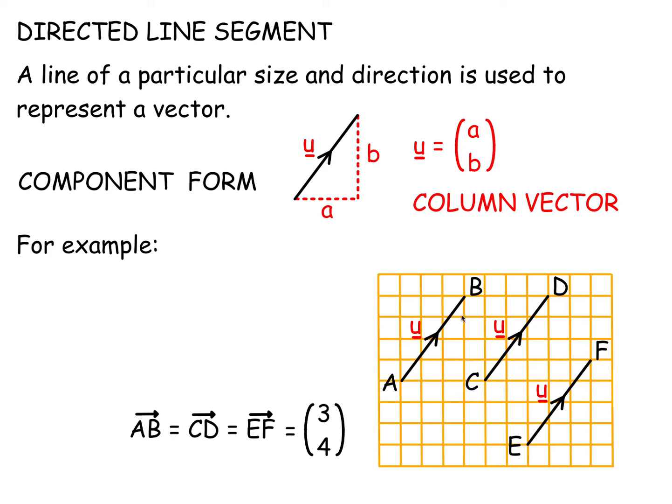It's 3, 4 as a column vector, but CD is also 3, 4, and EF is also 3, 4. So these 3 different directed line segments are all equal to 3, 4. So the vector 3, 4, which is vector u as it's labelled here, is represented by these 3 different directed line segments. So it's one vector, 3 different directed line segments.